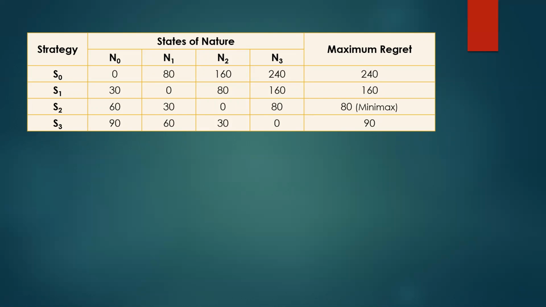The minimum value among these maximums is 80, which refers to the strategy S2. So we can say that the optimum strategy would be S2 in this case as well. Any doubts in this example, especially the regret?